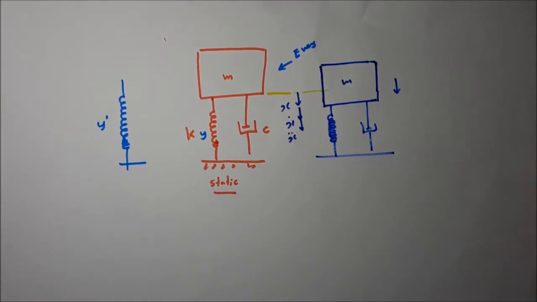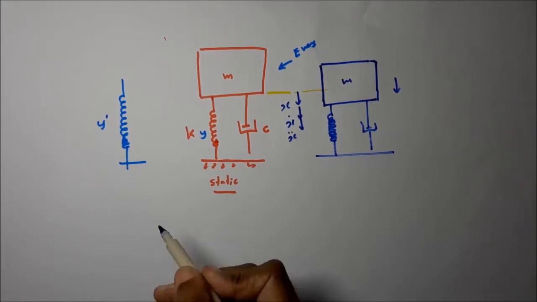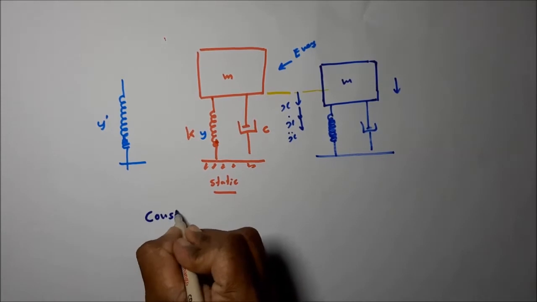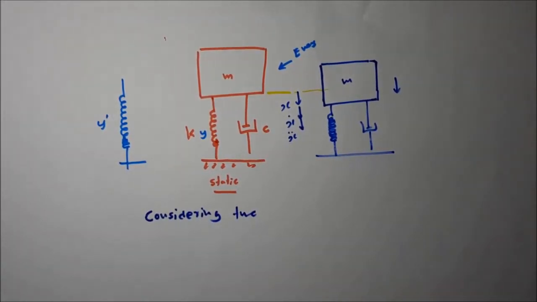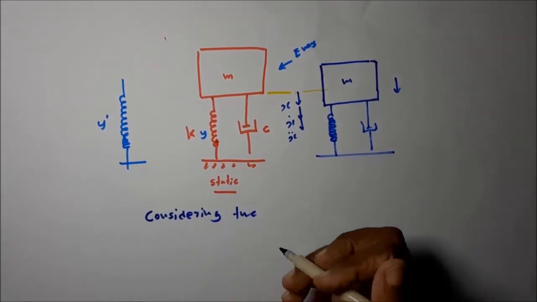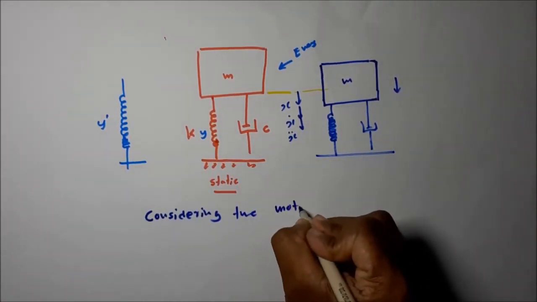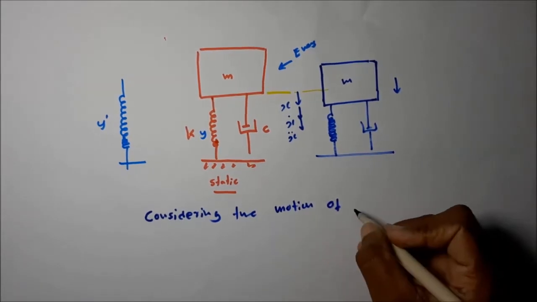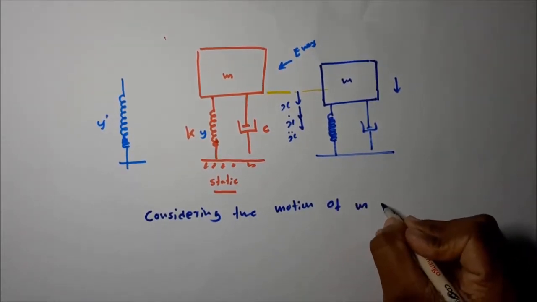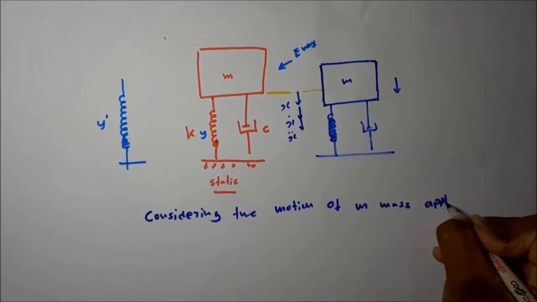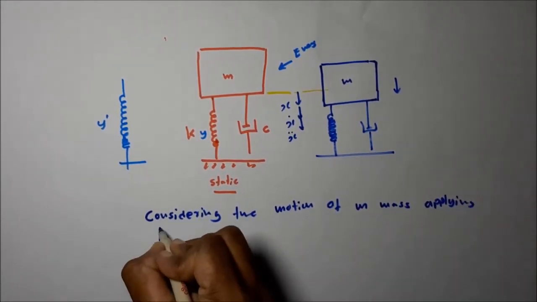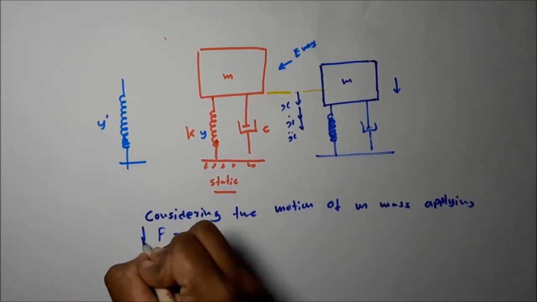This is moving in the downward direction in vibration. Then we are going to apply Newton's second law, considering the motion of the m mass, applying F equals ma in the downward direction.